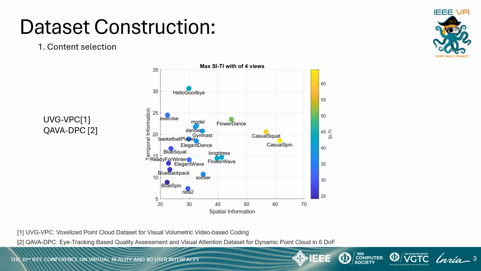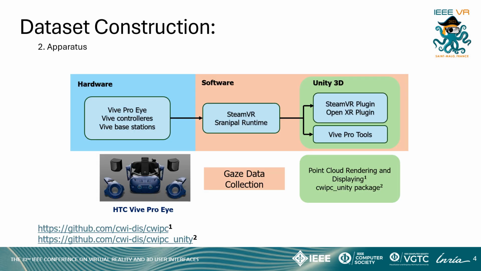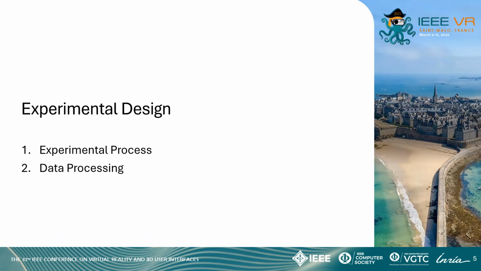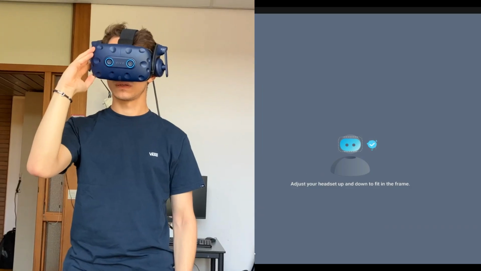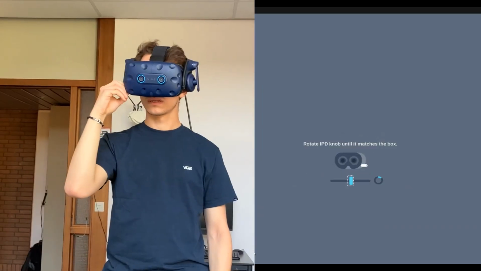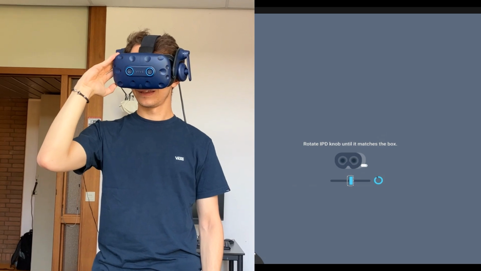Here is the overview of the content that we used. There is some overlap with our previous work. Since our only variable is with task or without task, we keep the other hardware and software exactly the same. You can see from the video how we actually get all the visual saliency data.